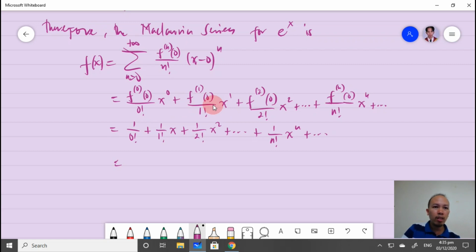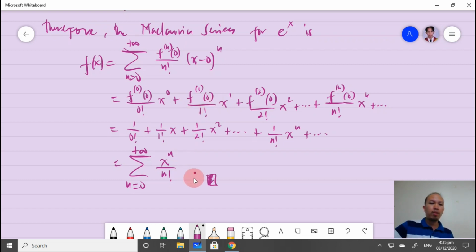Anyway, let's go back to summation notation: the sum of x to the n over n factorial, n from 0 to positive infinity. We know that this is a very familiar power series, an example in the previous discussion, I think lesson number 7 or 8.